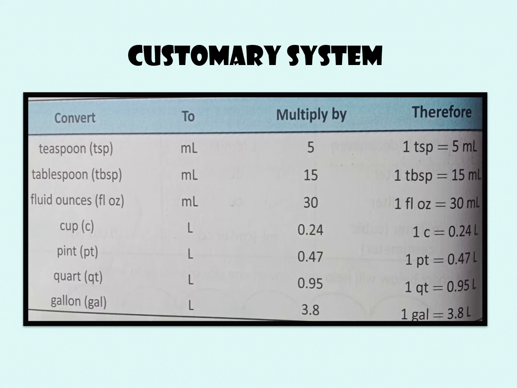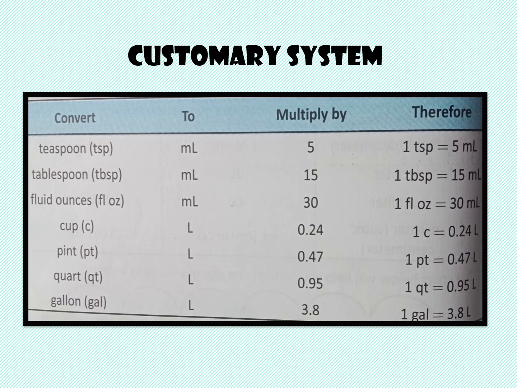So, 1 teaspoon is equal to 5 milliliter. Then, 1 tablespoon is equal to 15 milliliter. Then, 1 fluid ounce is equal to 30 milliliter. 1 cup is equal to 0.24 liters. 1 pint is equal to 0.47 liters. 1 quart is equal to 0.95 liters.